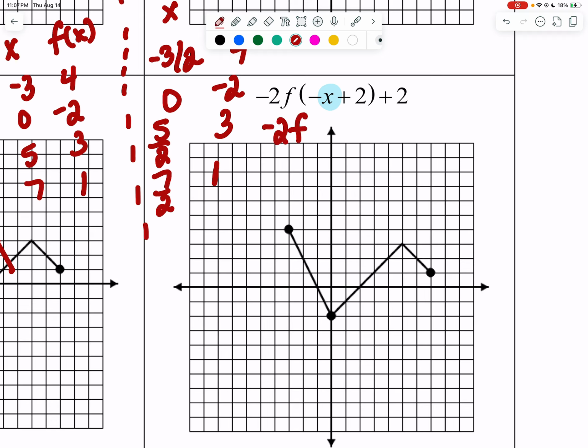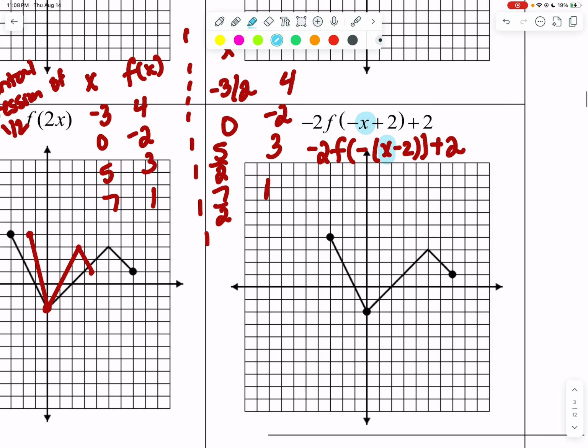Because what's going to happen here is we're going to take out a negative. And notice how we still have that reflection over the y-axis, but instead of it being left 2, it's technically going to be right 2. And notice how here we have a coefficient of 1, so that's good there.